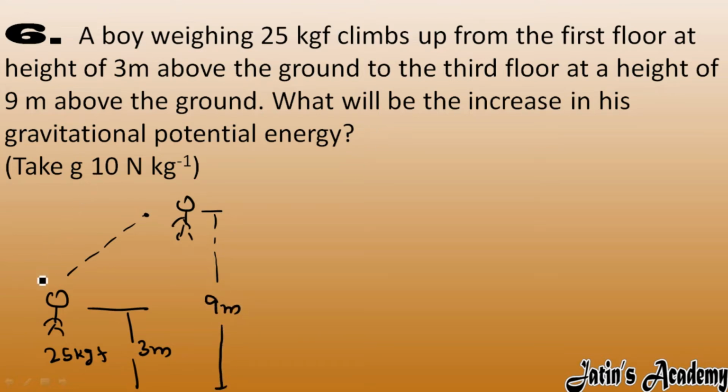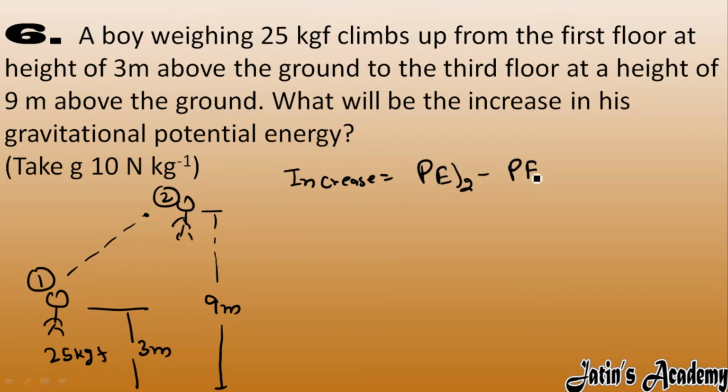Here potential energy 1, here potential energy 2. So the potential energy increase means the final potential energy minus the initial potential energy. Talking about the formulas, final potential energy is mg times the final height, because mg is the same. Here mg is given as 25 kgf.